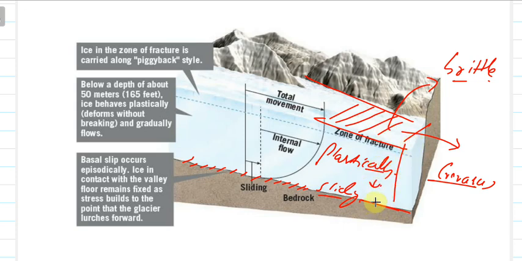And friction, आपको पता है, friction causes heat, and due to the heat, the lower part of the glacier also melts, and when it melts it causes less friction and it will slide. But the maximum movement is at the top. Basal sliding is also there, but the slip is basically being resisted by the bedrock.